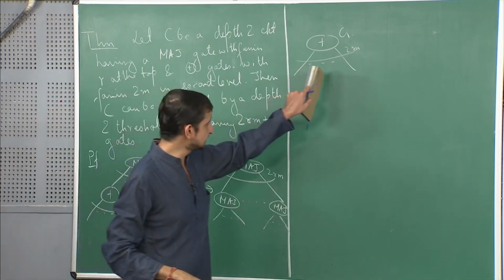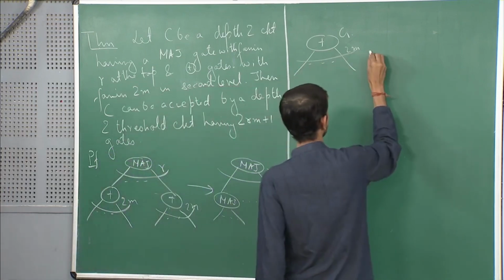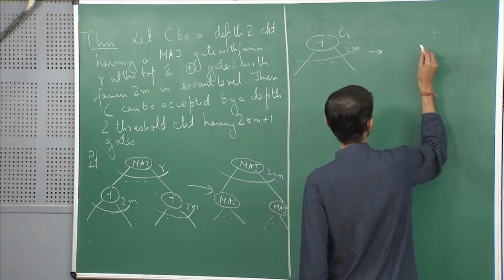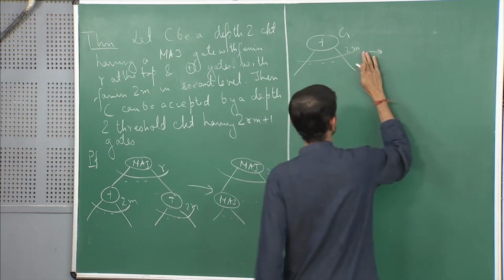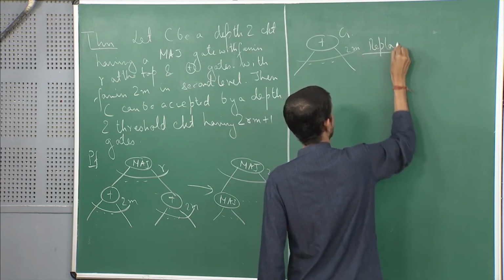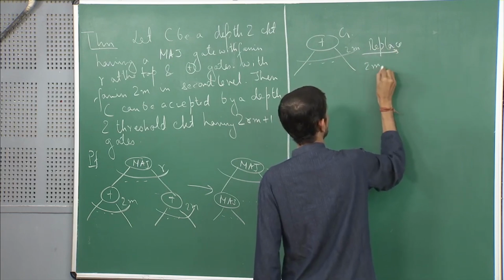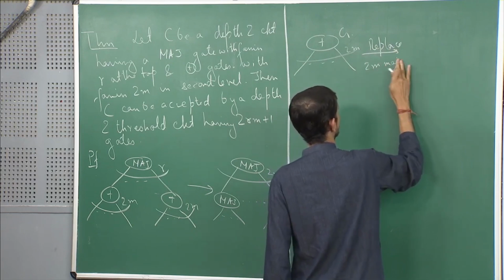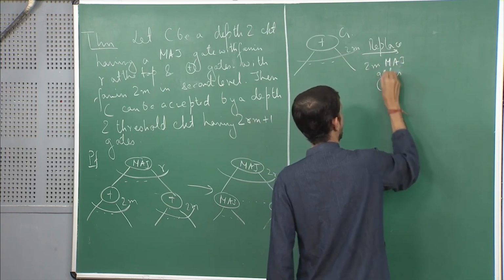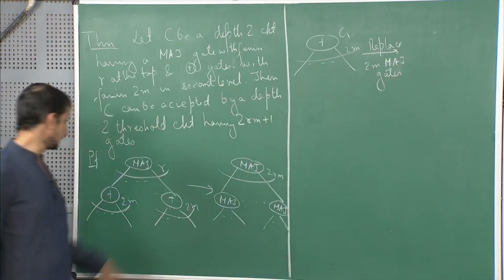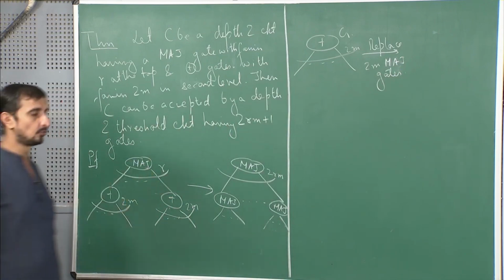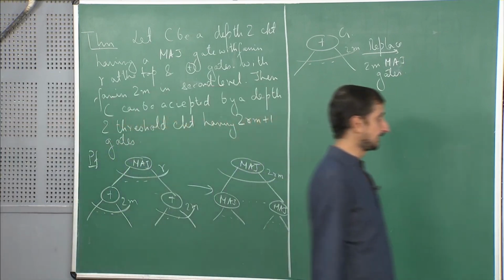For this parity gate, I will replace it with 2m majority gates, and there are R of them. So therefore I will get a total of 2Rm gates at the second level.